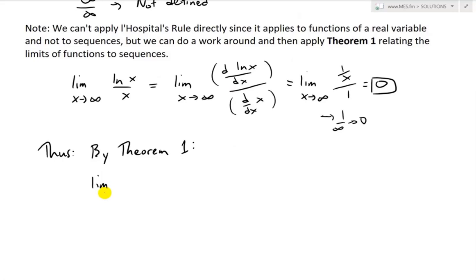So the limit as n approaches infinity of ln n over n equals the limit as x approaches infinity of ln x over x. This is a real function, that's a sequence, and both equal 0.